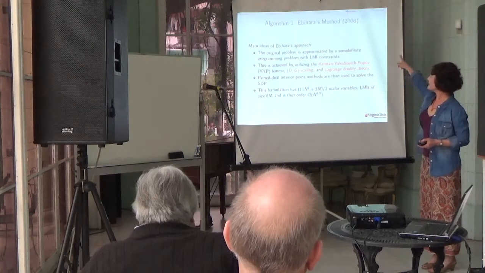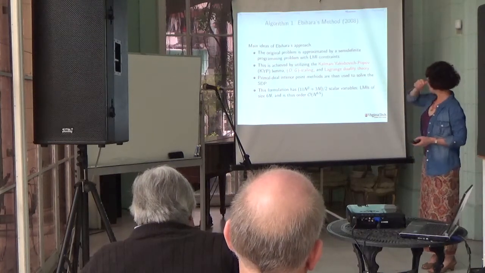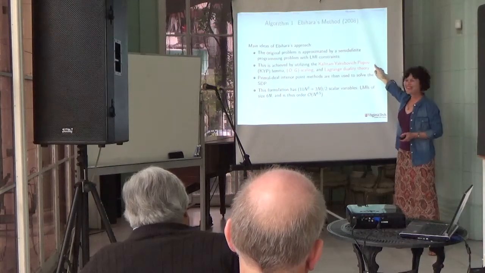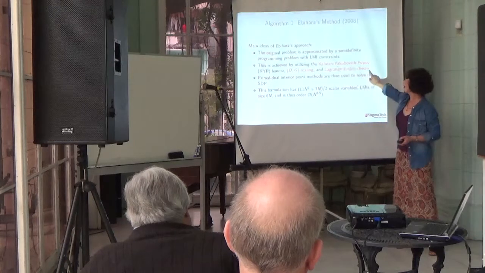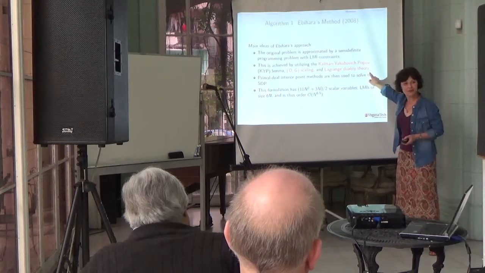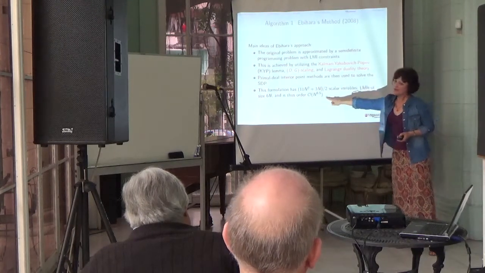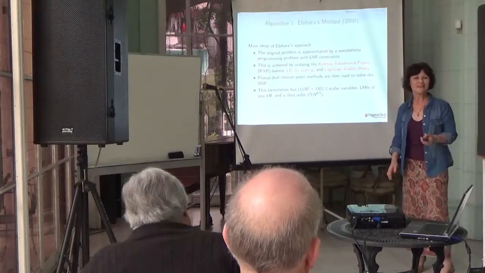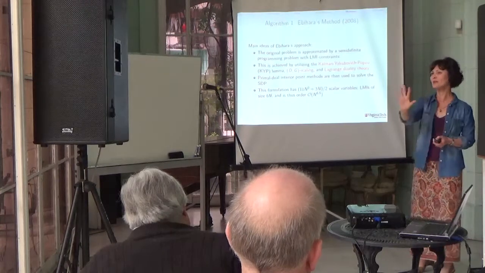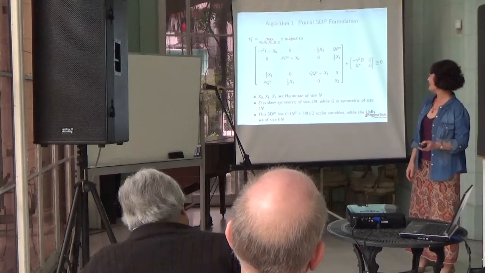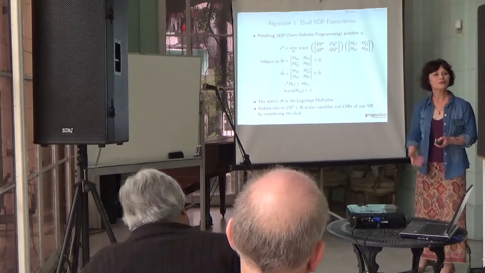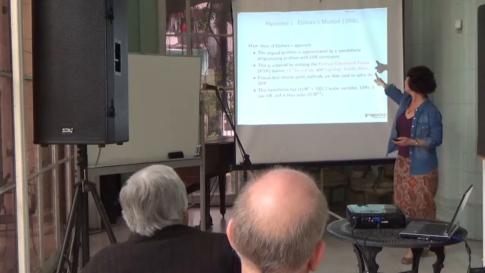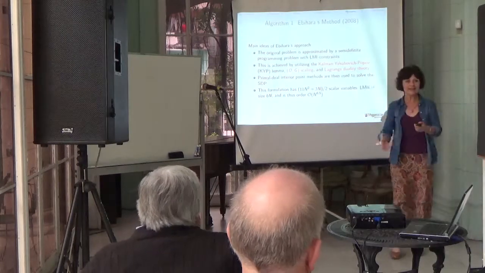The one piece in the literature, by a Japanese author, used the KYP lemma, DG scaling, and Lagrange duality theory to formulate it. And the order of the problem is still 6.5, so it didn't really relieve anything. But I'm just going to show you the primal problem and the dual problem. So this is what it looks like. So you reformulated it using control system tools to recast.